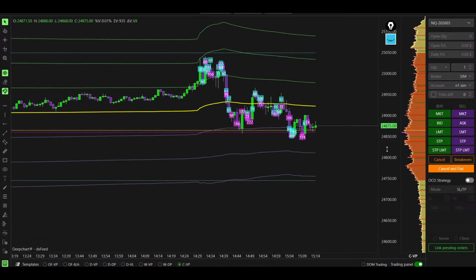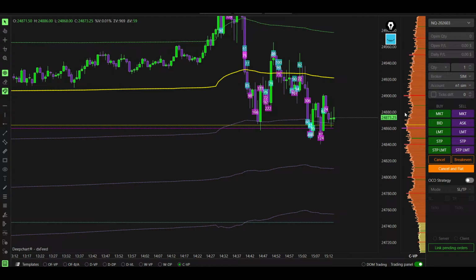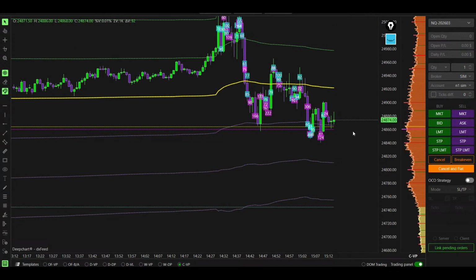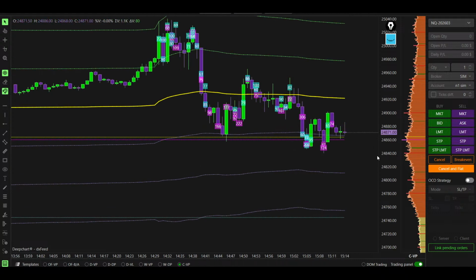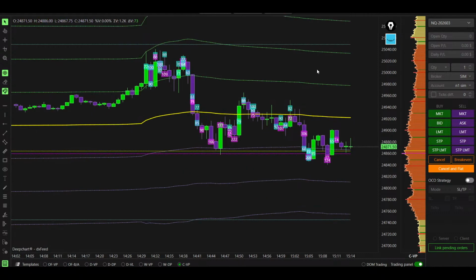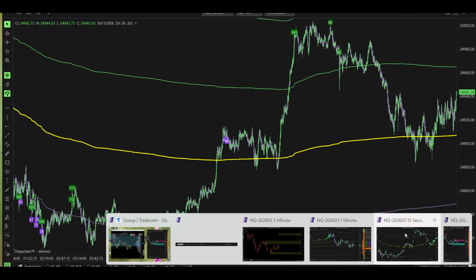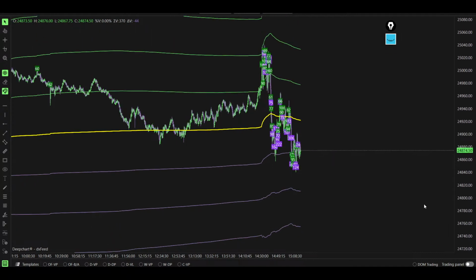VWAP levels. This is 1 minute, yeah, but this is mini Nasdaq. This is not micro. 1 minute. Let's go see seconds. Yeah, second chart.